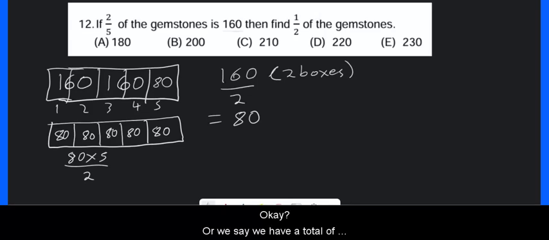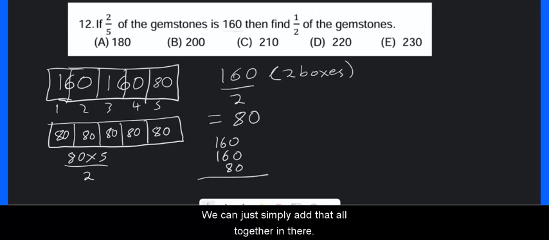Or we say we have a total of that and we multiply by 1 over 2. So it's one and the same thing. So what is 80 times 5? Another way we could get that, it's simple. We can do that by adding this. We can just simply add that all together in there.